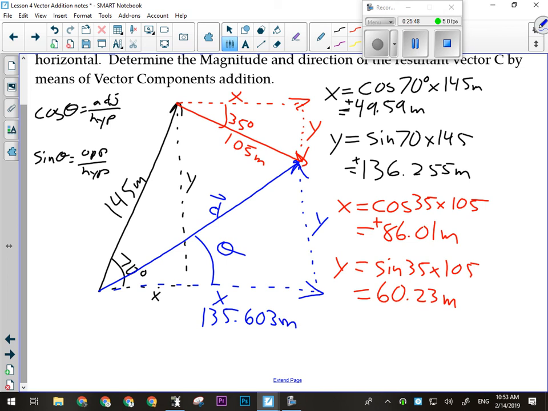Obviously I'm going to keep all those decimals, I'm just not writing them all. So I know that in total, this object, whatever it was, goes 135.603 meters along the positive part of the x-axis. Everyone all right with that? If I'm going to calculate blue y, then I need to add the two y's together. That's 136.255 and 60.23, but the 60.23 we already said is negative.